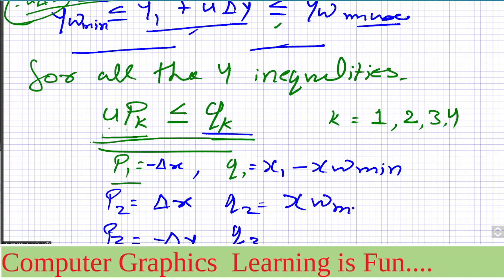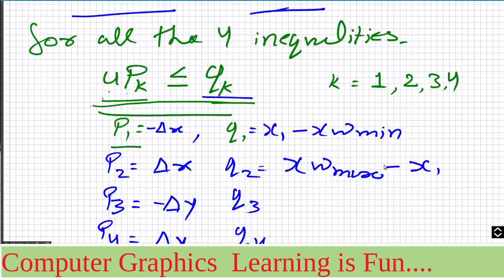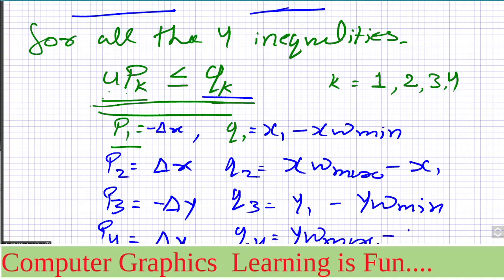Similarly for Q3, this is coming to this side, so y1 minus yw min, and Q4 will be yw max minus y1.